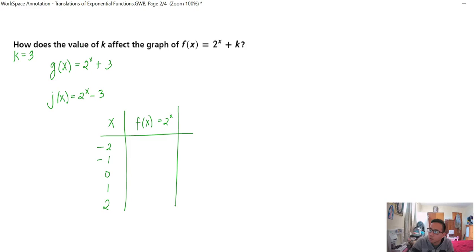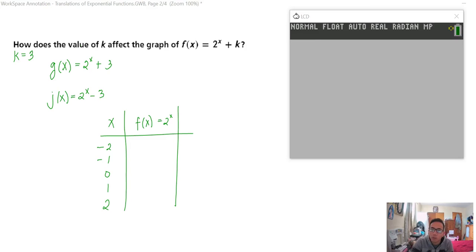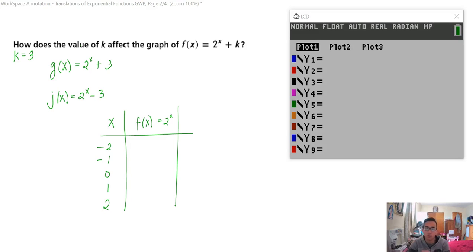So a lot easier to do that is we're going to use our calculator here. So I want you to go to y equals. So you go there.